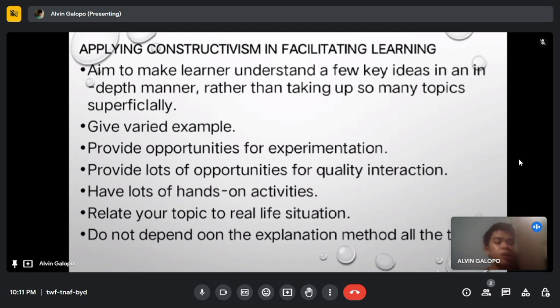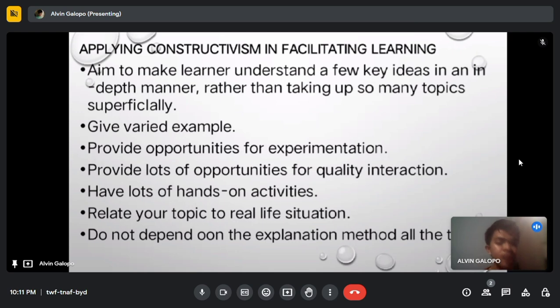You must be able to explain well and make your lesson understandable and comprehensible to your learners, but you must be flexible and not depend on the explanation method all the time. That is how we apply constructivism in facilitating learning.